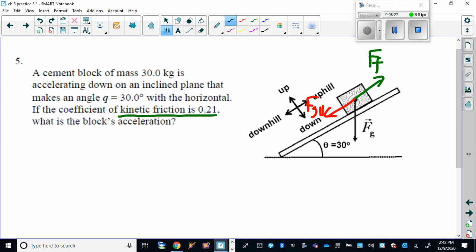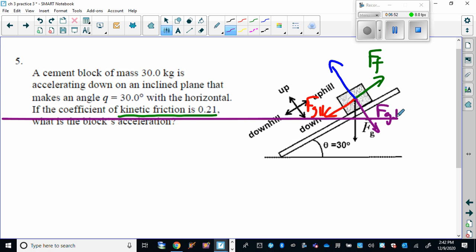And then of course we've got the normal, or the gravity is going down, which is already shown. We've got the normal force, which is always perpendicular to the surface, that's going in that direction. And remember, for these problems with inclined planes, we're always going to separate the gravity into its components. So it has this component here, which we call Fg perpendicular.